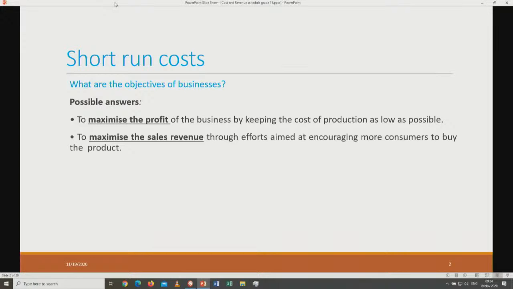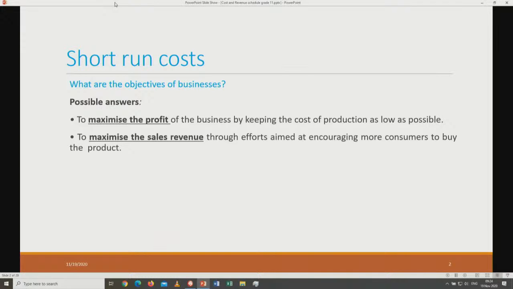Every business would like to see its sales revenue being maximized. And you know, the word to maximize is actually to get as much as possible. This is done through the efforts aimed at encouraging more consumers to buy the product. Right. So that's the only way for a business to maximize its revenue or to increase its revenue.